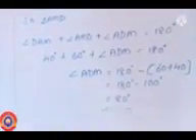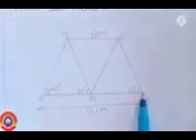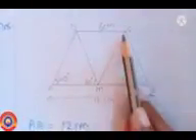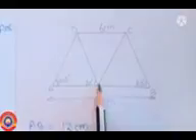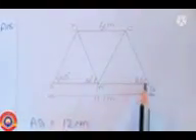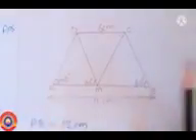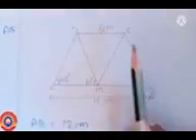Now let us consider another triangle, that is triangle BMC. Here angle MBC plus angle BCM plus angle BMC is equal to 180 degrees.